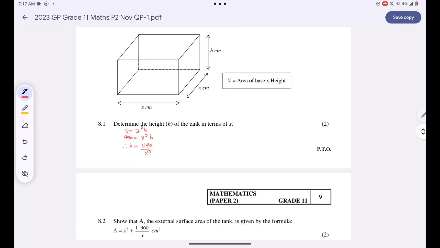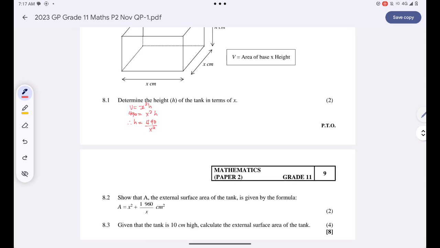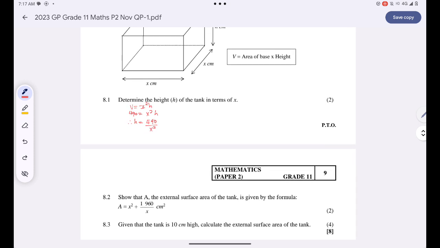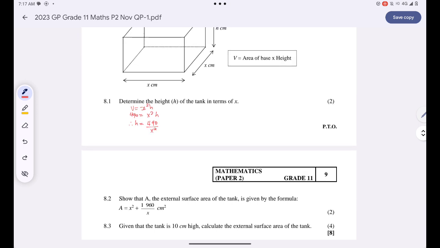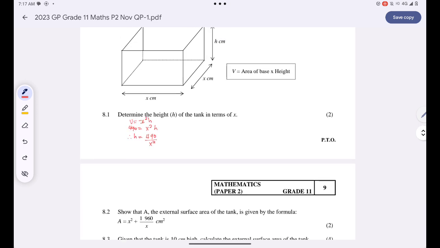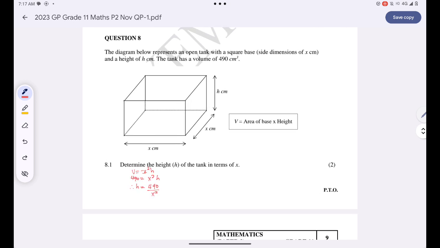All right, together. And then, second question, they want us to show that A, which is the external surface area of the tank, is given by this formula. Surface area, guys, you just need to find the area of all of your surroundings.